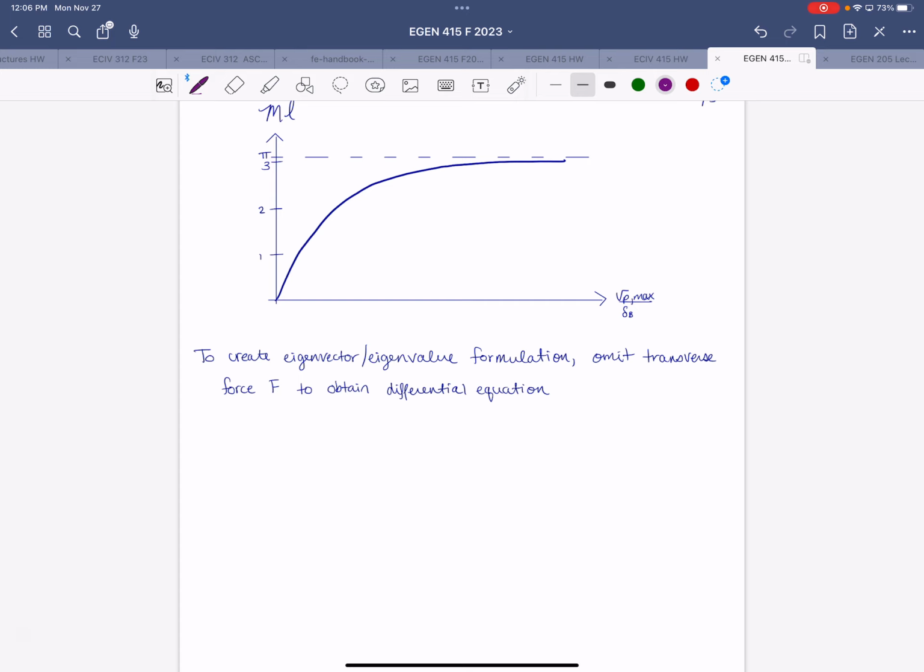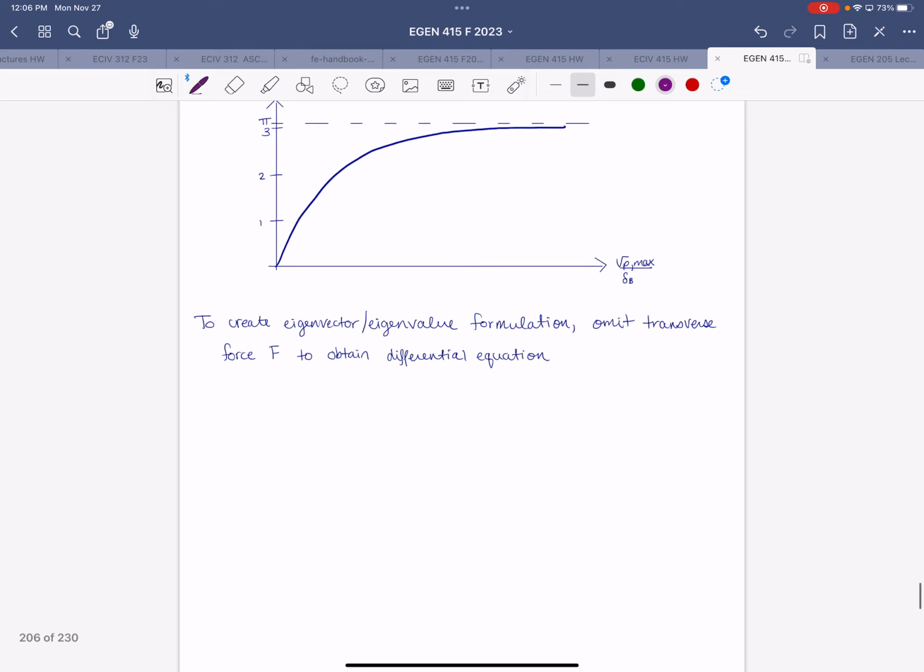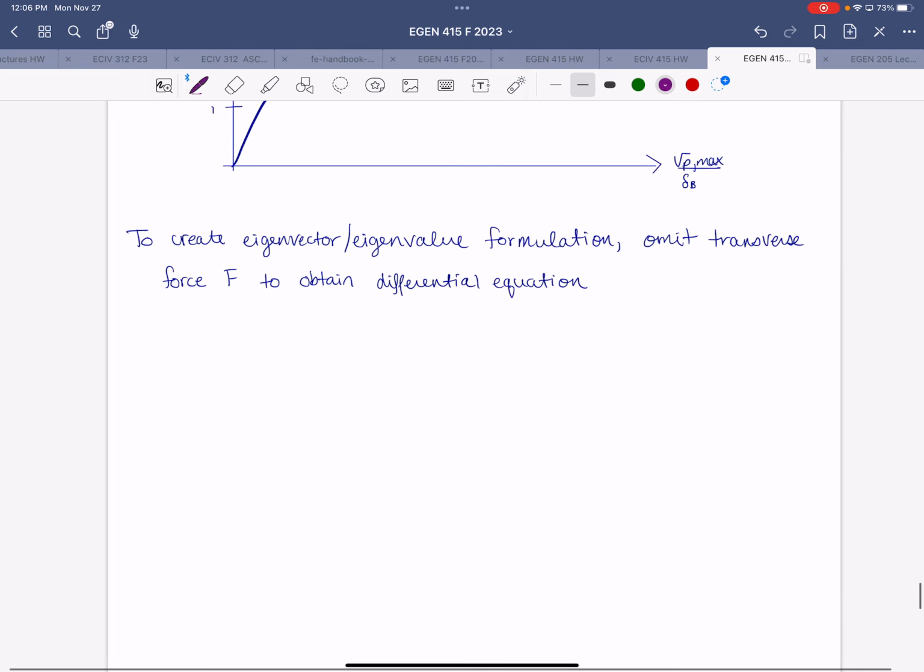Now we're going to consider what happens if we omit the transverse force. So remove that from the picture, and we will obtain the differential equation as shown here. That would give us EI times the second derivative of deflection with respect to x plus axial load P times the deflection is equal to 0.